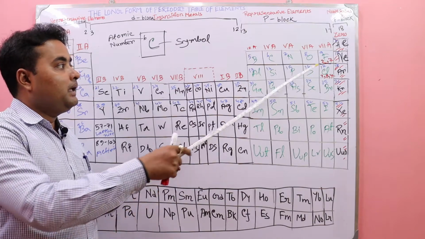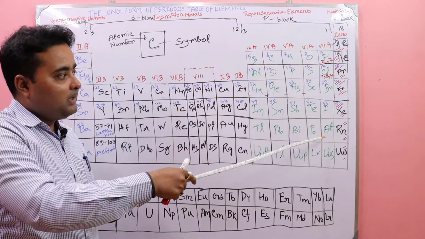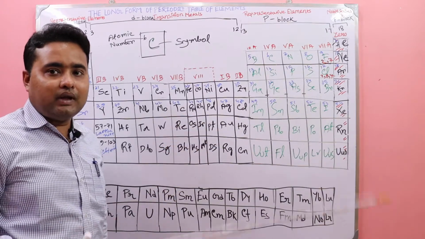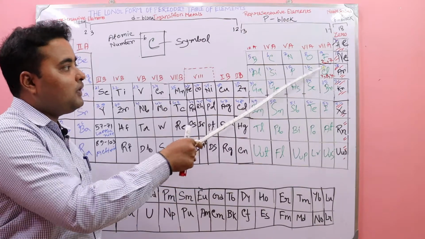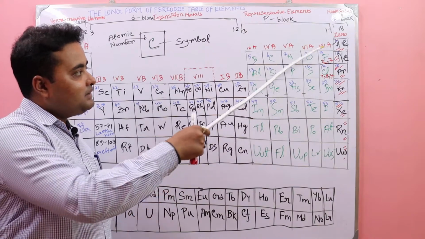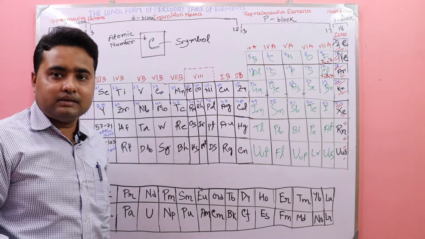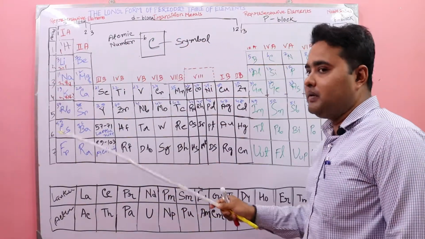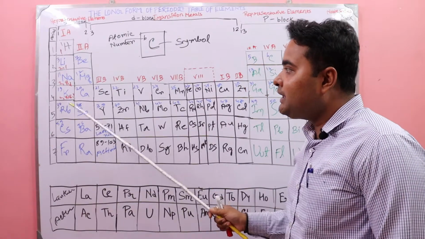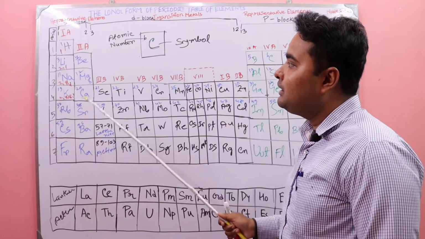So, the elements from this group always try to gain electrons to form a negatively charged ion. That means all the group members have the same characteristics, and here also all the group members have the same characteristics. That means the periodic table is very logical.